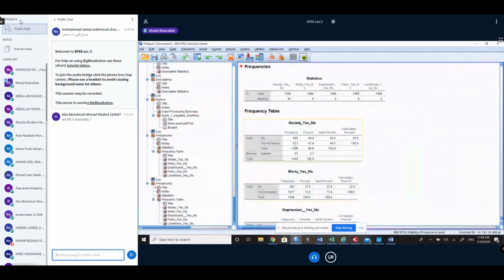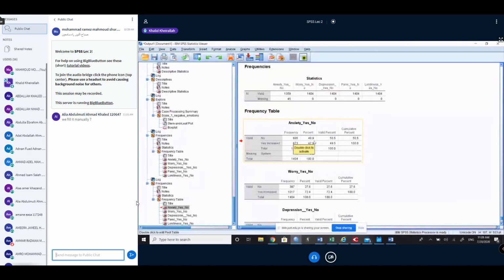Exact same thing. Now what you will see is this table. We've deleted 45 cases. They are called system missing. We've told SPSS that those with the dots are considered system missing. They have missing values. Okay?